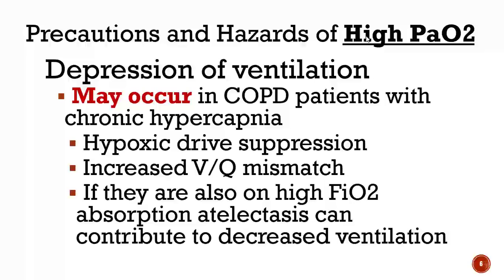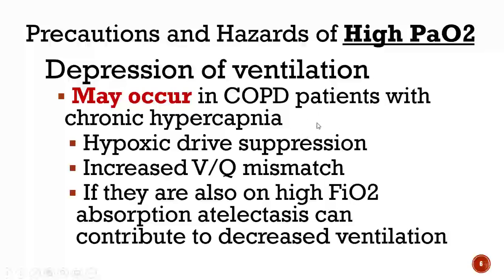It happens because you have that hypoxic drive suppression. So if you guys can remember back that far, when you're somebody who is more reliant on your hypoxic drive, having a high PaO2 can depress your ventilation. And this just happens because COPD patients always have high levels of CO2. Their body compensates for that by retaining bicarb.